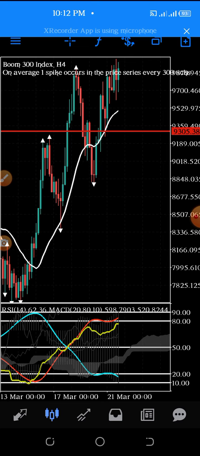Anytime you hear pushing down, and when they stop pushing down, some forces will tell them, no, don't push down again, we are here. And that turning point of that market is called support.